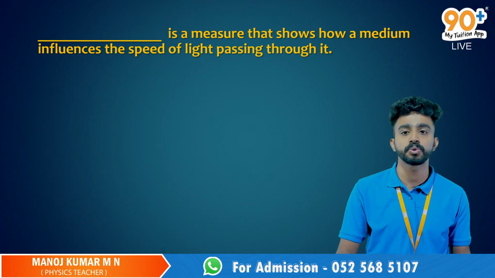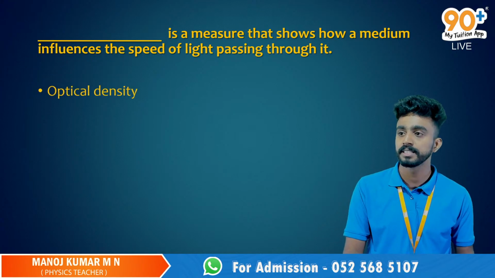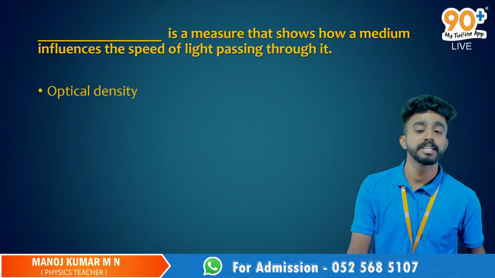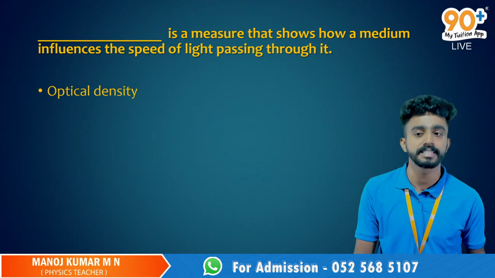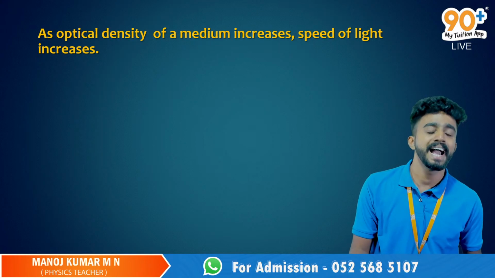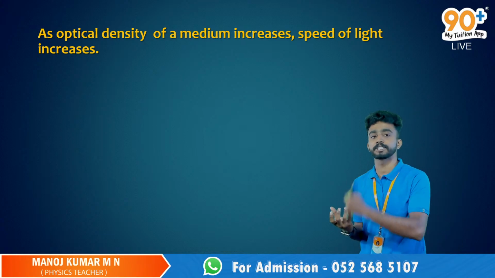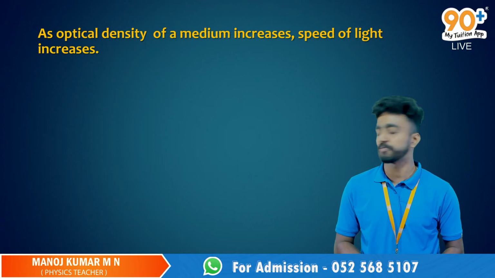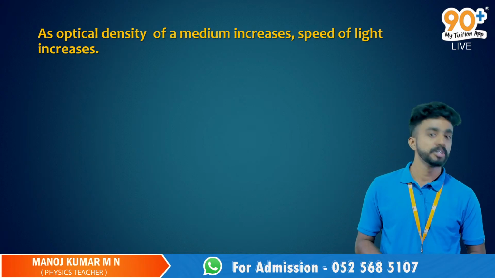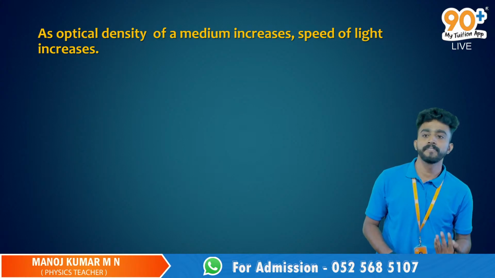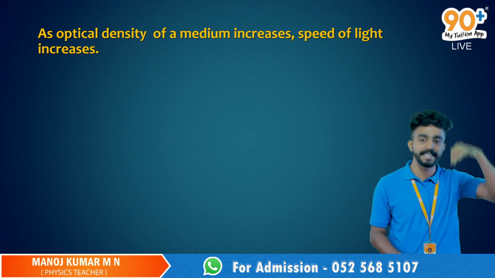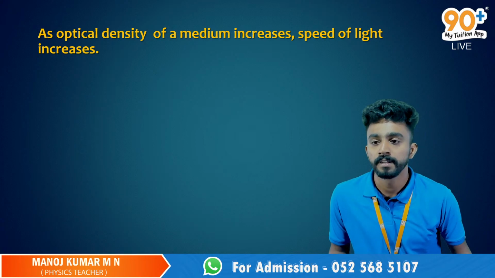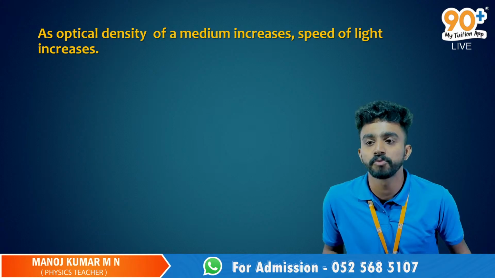Those who made a mistake in this question, it's okay. We'll discuss optical density in detail, but do remember it is the measure that shows how a medium influences the speed of light passing through it. As the optical density of a medium increases, the speed of light increases. True or false? If it's true, nod your head like this; if it's false, nod like this. Those who didn't nod, what are your stands?